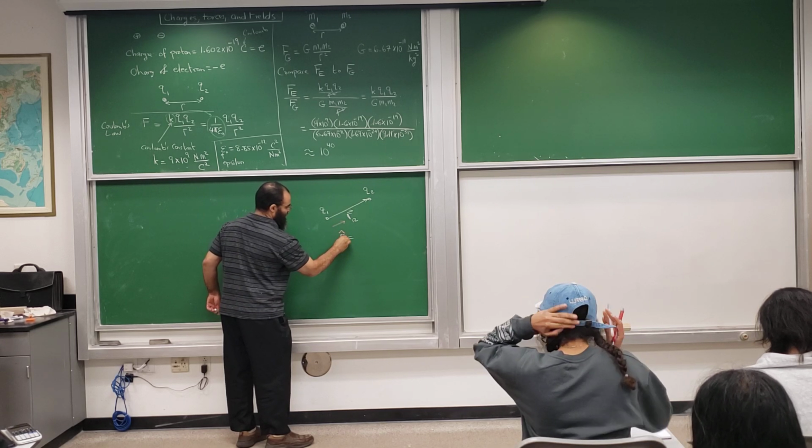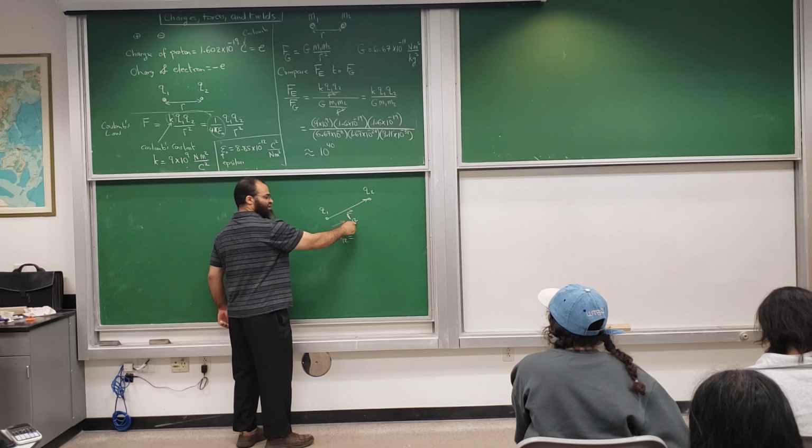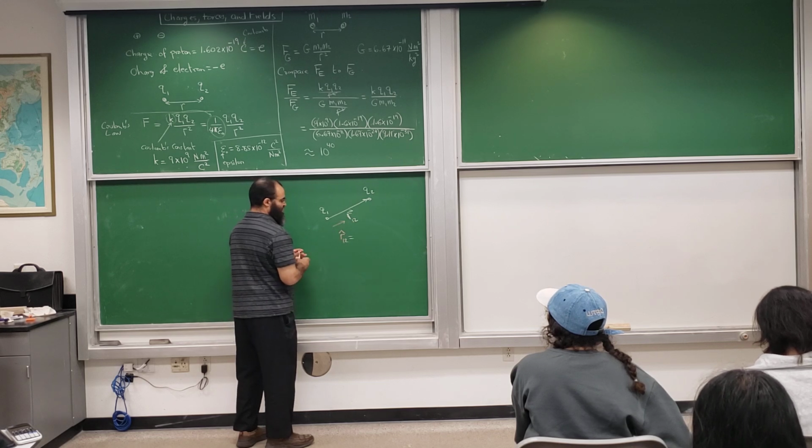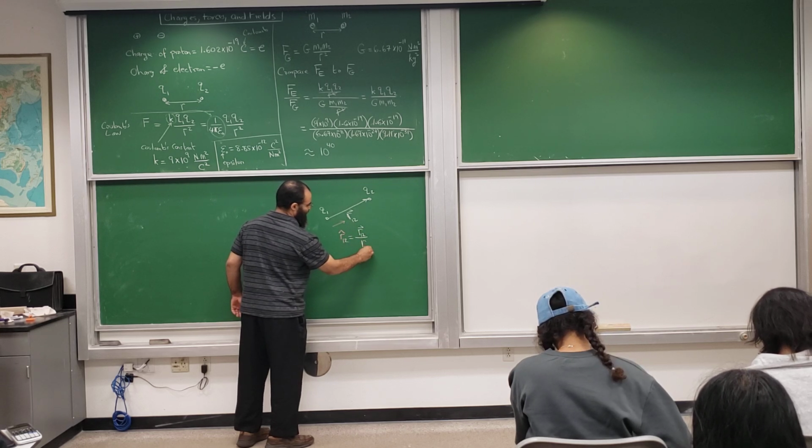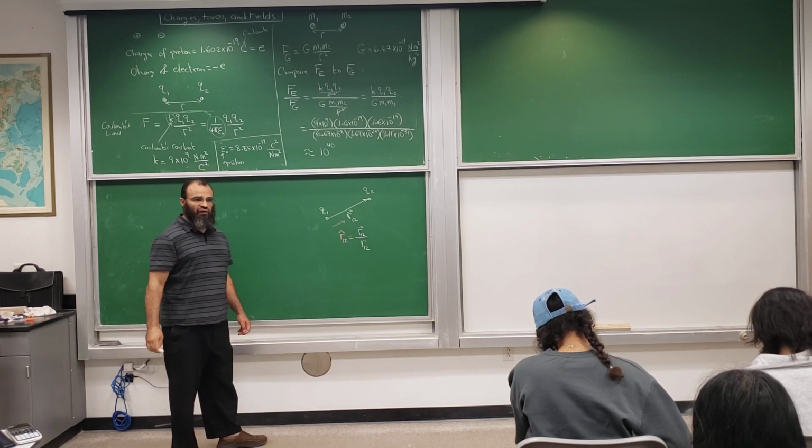R12 hat is a unit vector that points in the same direction as R12, but has magnitude 1. So it's the vector R12 divided by its own magnitude.